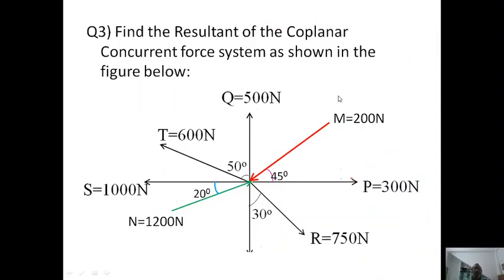Now, just for the sake of practice, take another example where other directional forces are also being introduced in the earlier problem. He is asking to find the resultant of the coplanar concurrent force system as shown in the figure below.